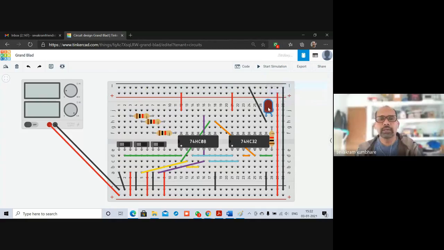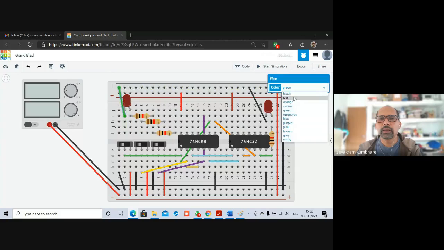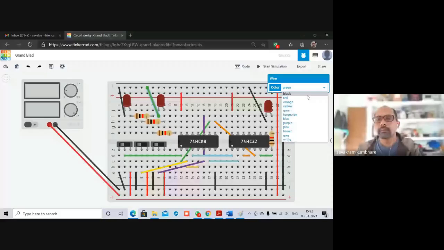So I'll copy that. I'll paste it over here. This is first. I'll connect it to ground. Right. I'll copy another. I'll paste it over here. Okay, and this is connected to ground. Black. I'll connect another third one.